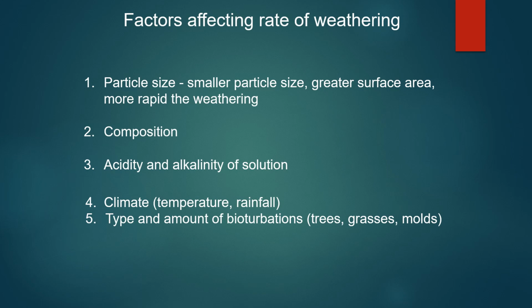And on top of that, the type and amount of bioturbation are very important too. So particle size, composition of minerals, acidity and alkalinity of solutions, climate, and the type and amount of bioturbation are all the factors that influence the rate of weathering.